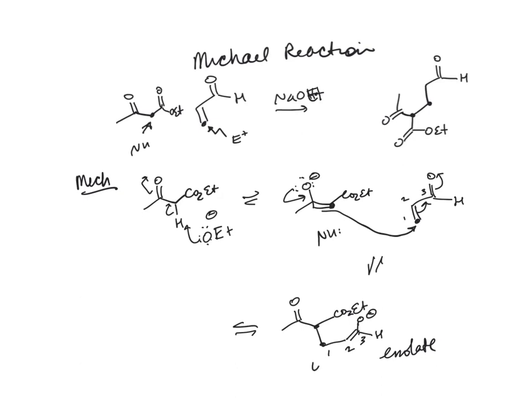We could use the ethanol protic solvent to get our Michael addition. So again, focusing in on our new carbon-carbon bond. And there's the 1, 2, 3 carbons that we added on to our enolate.